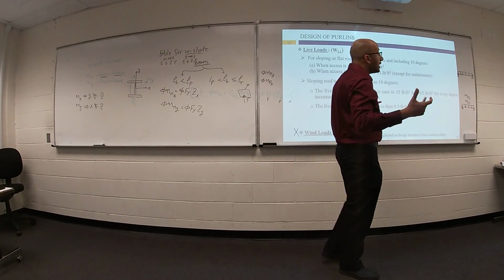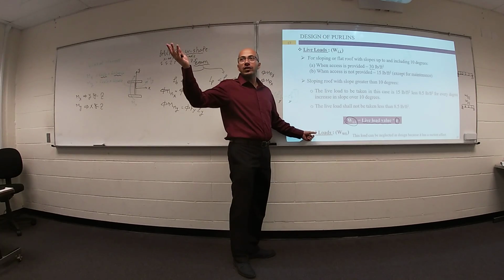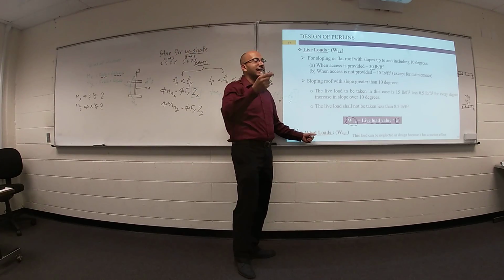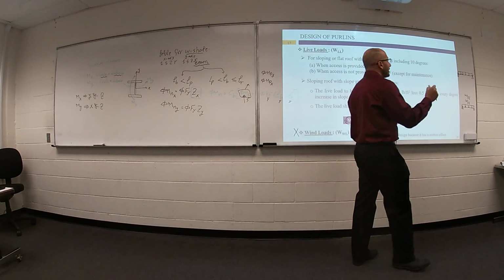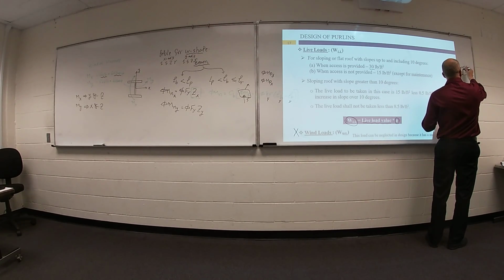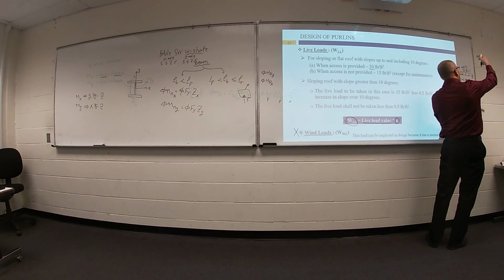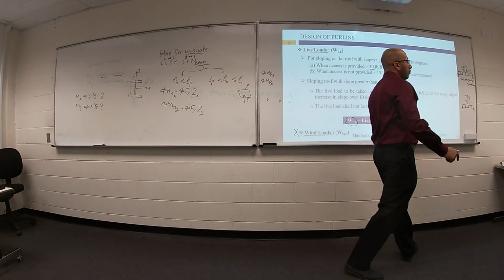However, in many cases, we don't have wind. Right now, we don't have wind on the building. The only effect is dead load and live load. So the best scenario to design your purlin is only dead load and live load. Why? Because wind load causes suction, which will decrease the effect of dead load and live load.